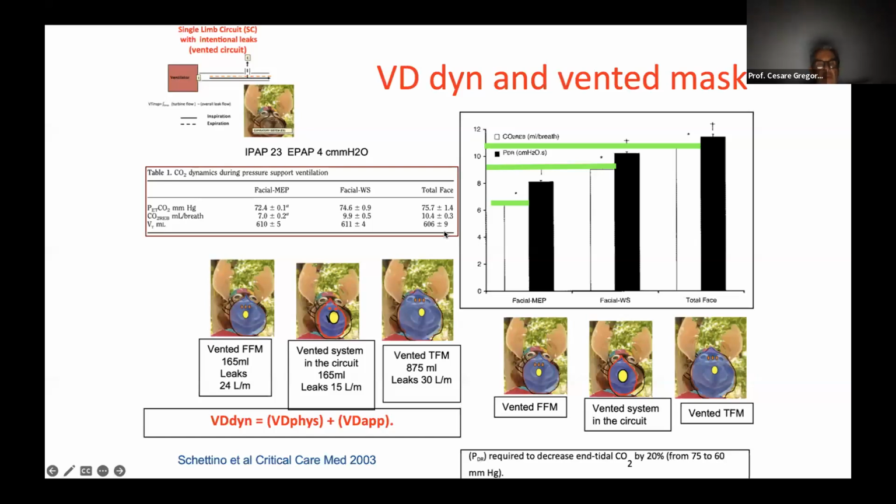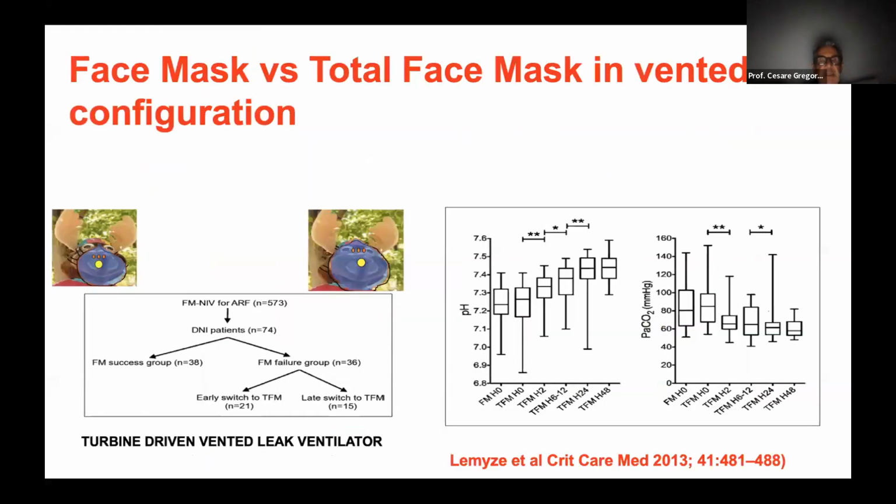They found that depending on the internal space of the mask, the amount of pressure was a bit higher, switching from a small mask to a bigger mask. Maybe not so much, but 3-4 centimeters of water. It is a very important message, because when we switch from the small mask to the bigger one, we have to help our ventilator clear the CO2 by using a bit more pressure applied to the respiratory system.